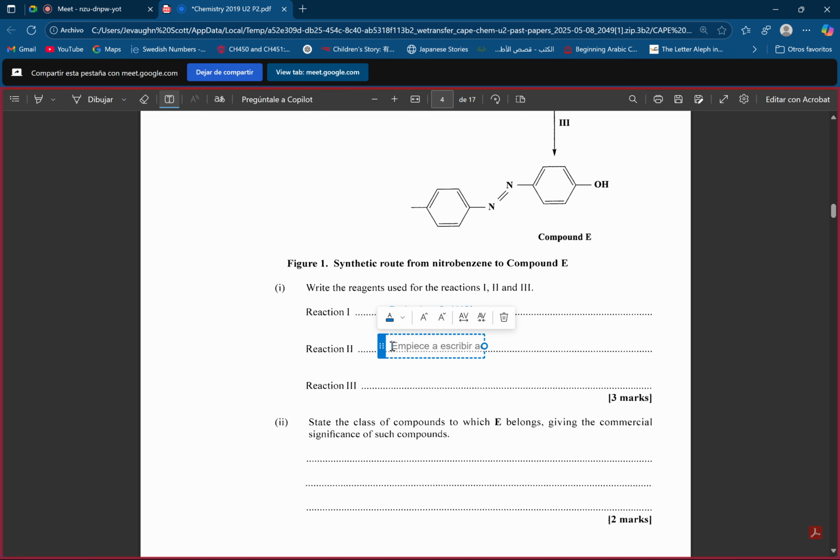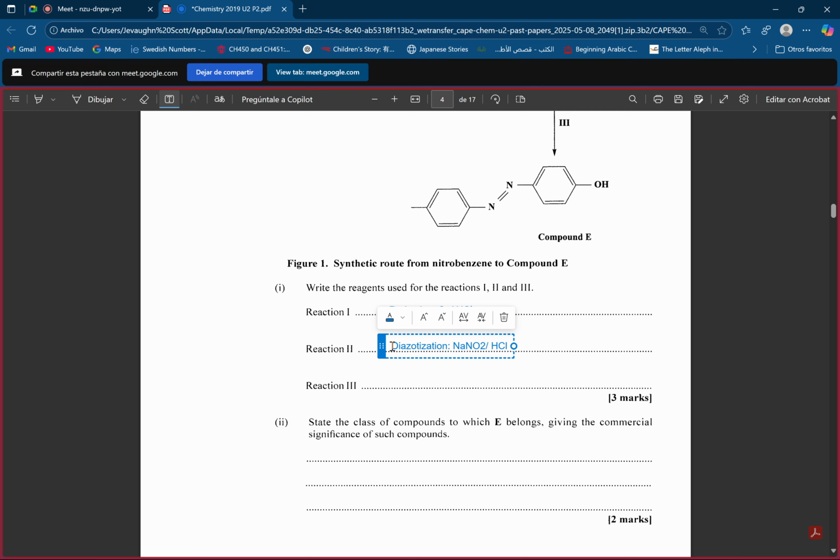I'm going to put the name regardless. This is diazotization, right? And we require the sodium nitrite rather. And we require HCl, right? Mm-hmm. That should be fine.